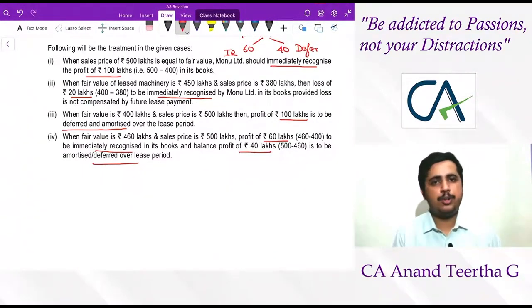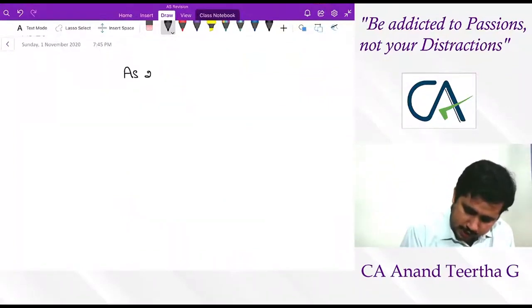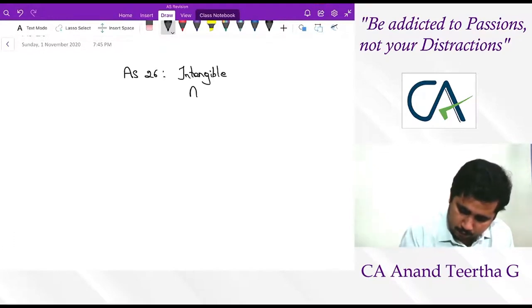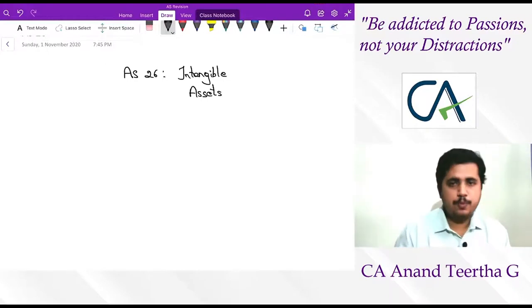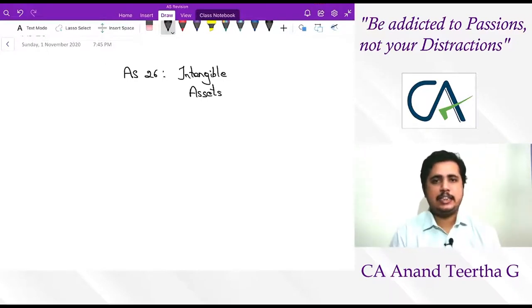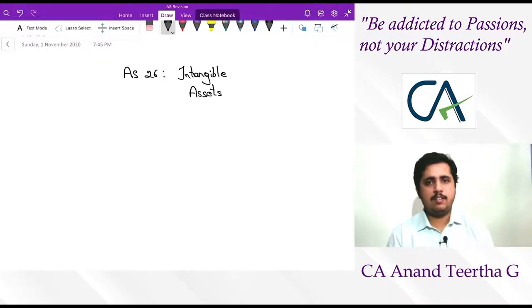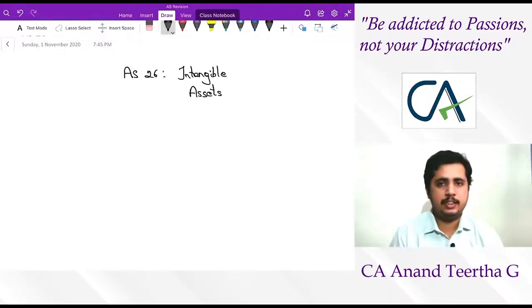Now let's move on to the next accounting standard, which is AS 26, Intangible Assets. When it comes to AS 10, we discussed that AS 10 covers only the tangible asset situation.